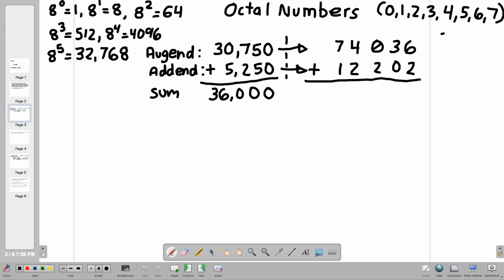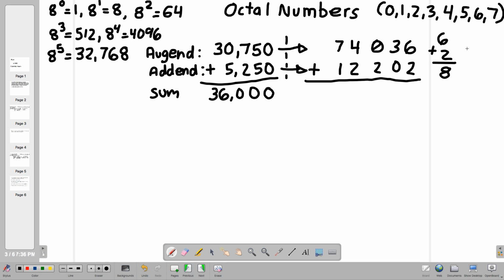We have 6, and when we add 2, we get the value 8. But if we look at the top right, we show the set of octal numbers. It goes from 0 to 7. It does not contain the value 8. So that means we need to convert this value 8 into octal form.